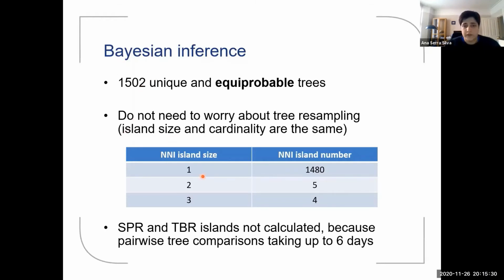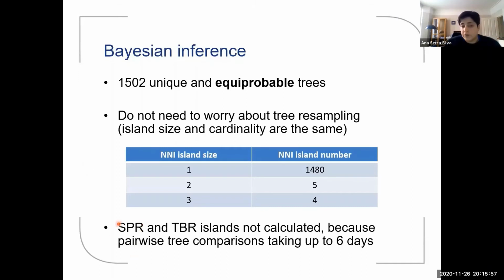And we ended up with most of the islands having a size of 1, and the largest ones had only 3 trees in them, which means that in this case, there is no large island bias for this tree distribution when working with NNI islands.